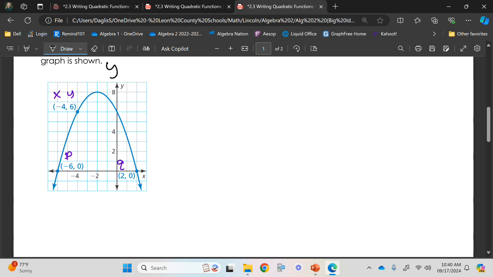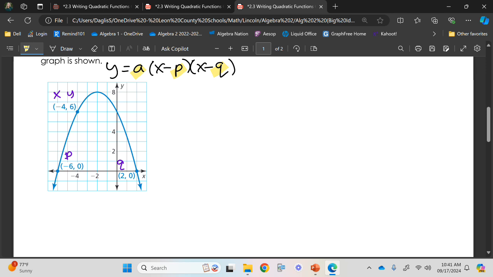Our intercept form from above tells me it's a times x minus p times x minus q. We ultimately need to replace a, p, and q with values. I currently have 2 out of the 3. We'll always have to find that a first. Okay, so to find a, we're going to plug in something for everything else.